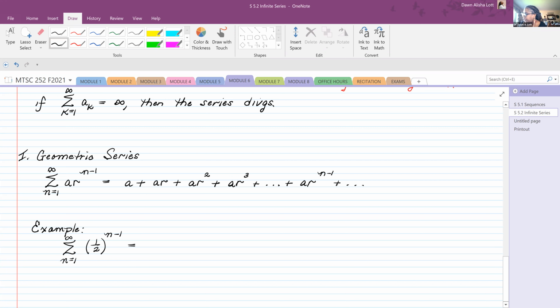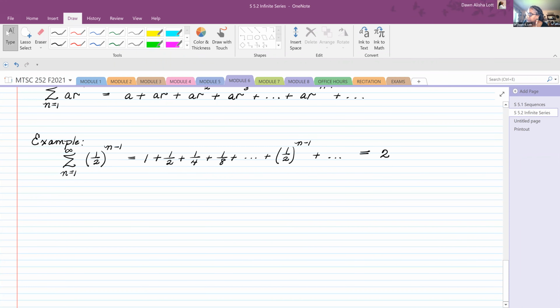We already know that we're going to get 1 plus 1/2 plus 1/4 plus 1/8 plus dot, dot, dot, plus (1/2) to the n minus 1 plus dot, dot, dot. And we already know that if we sum that whole thing, we're just going to get 2. That one we've already figured out.